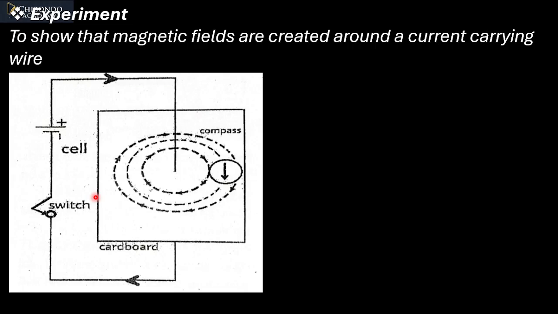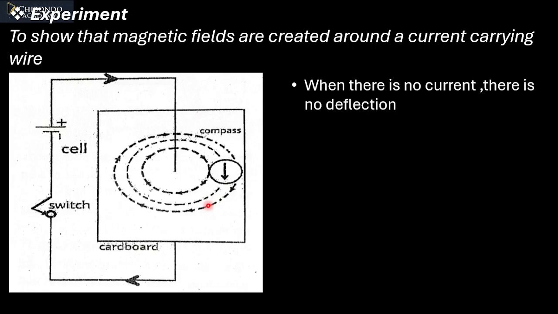When you close the switch, you observe that the compass deflects or changes its pointing direction, simply showing that there is a magnetic field being produced around the conductor. You can place several compasses so that you clearly observe the direction of the magnetic field. The magnetic field has direction. So how do you find this direction? We don't guess in physics or in sciences, we do experiments.